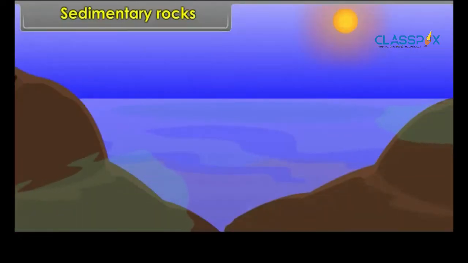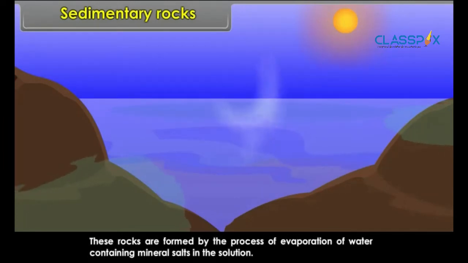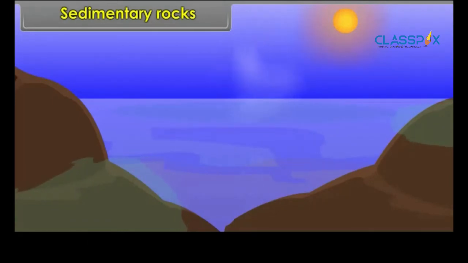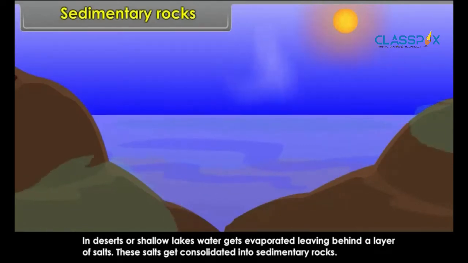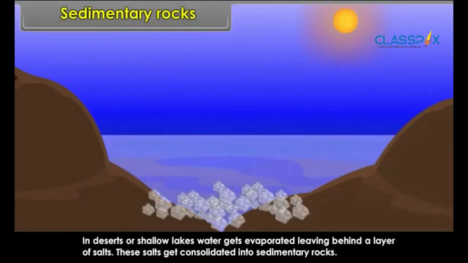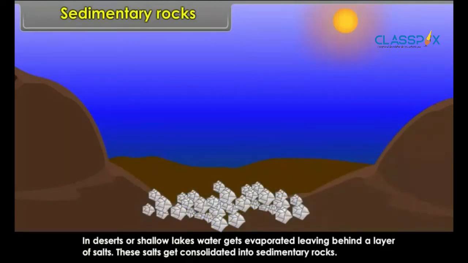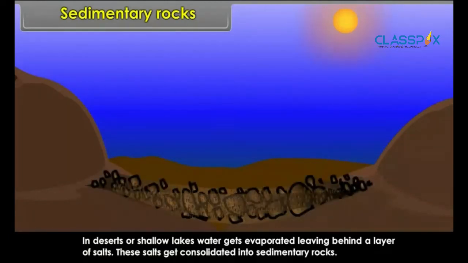Chemically formed sedimentary rocks. These rocks are formed by the evaporation of water containing mineral salts in solution. In deserts or shallow lakes, water evaporates, leaving behind a layer of salts. These salts get consolidated into sedimentary rocks.